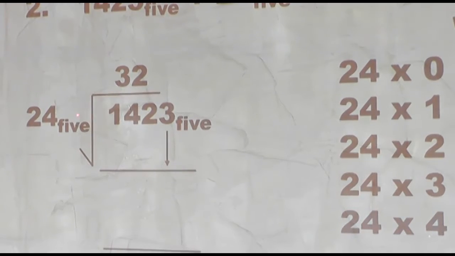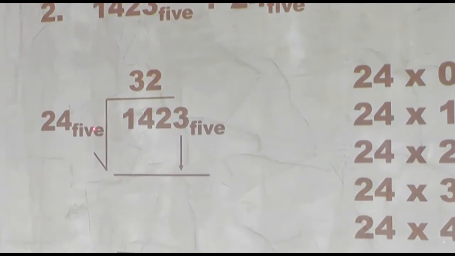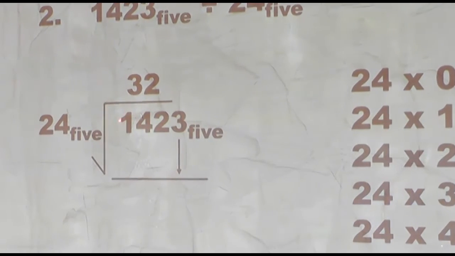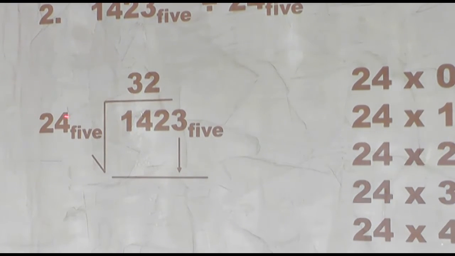In doing that, you will agree with me that 24 cannot divide in 14. So what we do, we include the third digit, so that we have 24 dividing 142. Yes, 24 dividing 142.